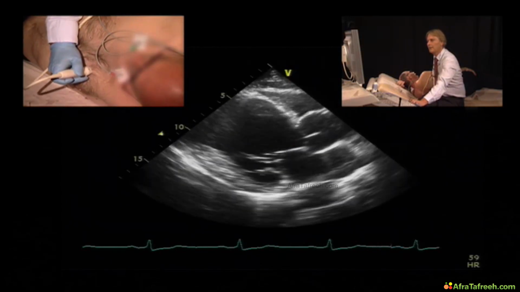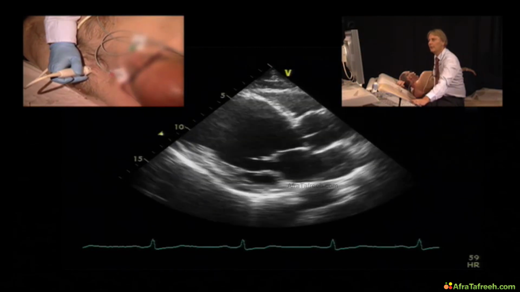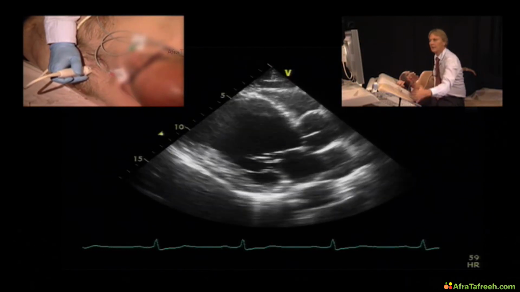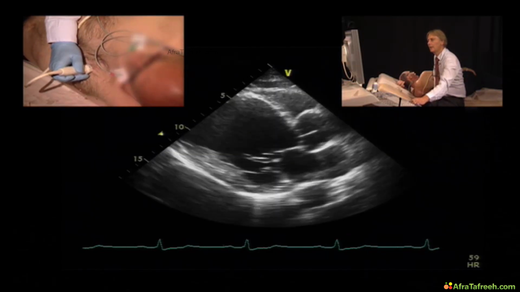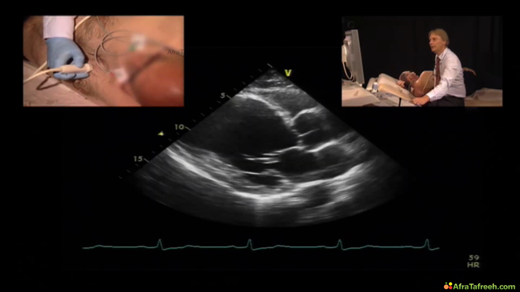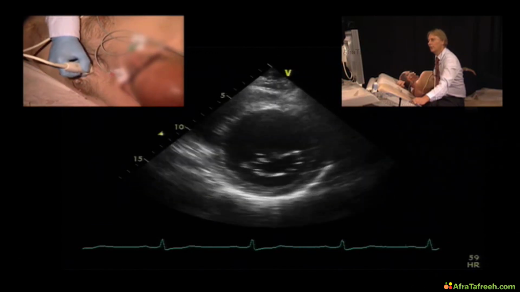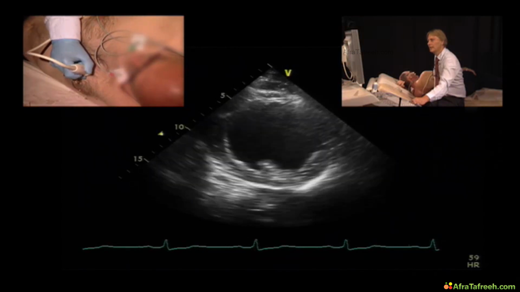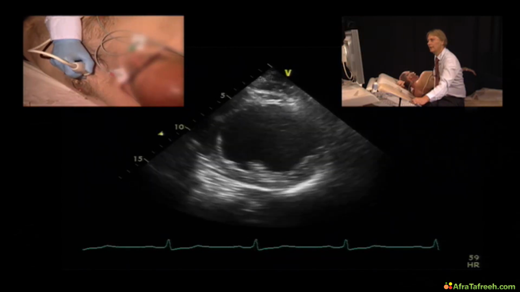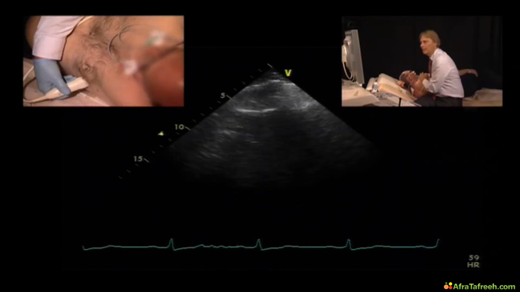This is the parasternal long axis view, and the first thing that I would recommend to do is always look at the visual assessment of the left ventricle, of the function, and you can do that in this view, but you should also do that in the short axis view of the left ventricle, scanning the left ventricle down as far as you can, and also in the apical views.